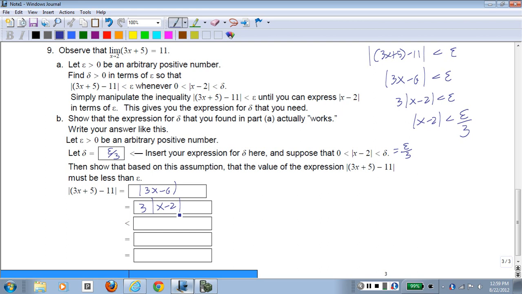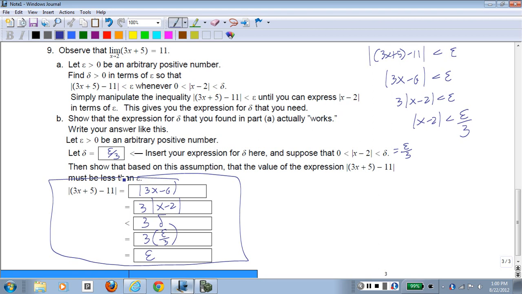What goes next? Less than epsilon. It's less than 3 times delta. I'll go ahead and throw the delta in there, but if you want to put the epsilon over 3, that's fine. So this equals 3 times epsilon over 3, and there we go. So basically the substance of the proof is found right there.